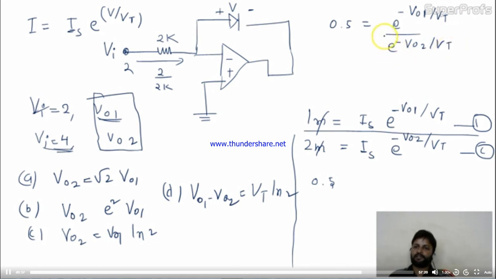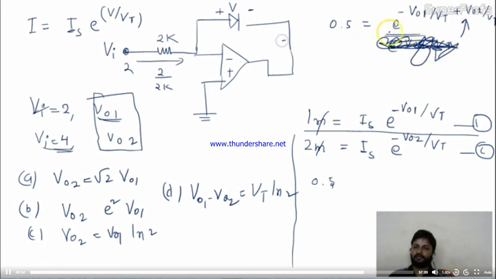So the denominator term I can take up, and these two terms will be added, V02 by Vt, and the rest will be cancelled out.